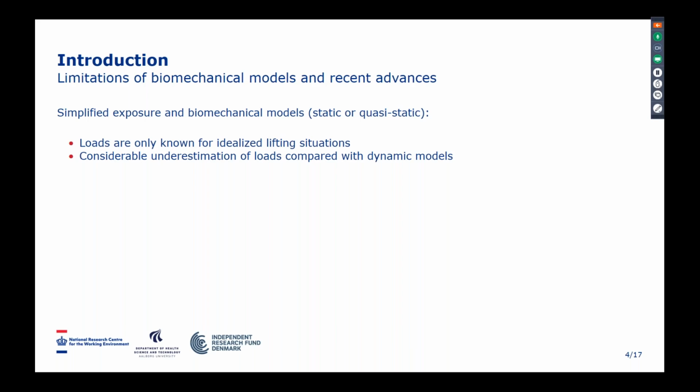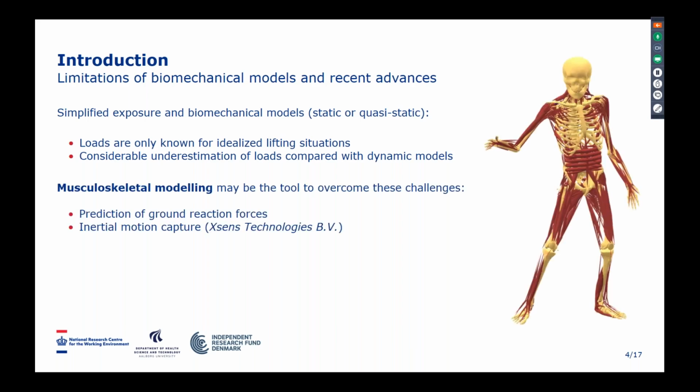So of course, we're interested in trying to apply some of the more advanced and dynamic models that are available today, for example, using the AnyBody Modeling System. So what's traditionally kept us from being able to use these more advanced musculoskeletal models for this kind of purpose is that the information these models need to run is detailed kinematics usually, and also a measurement of external forces.